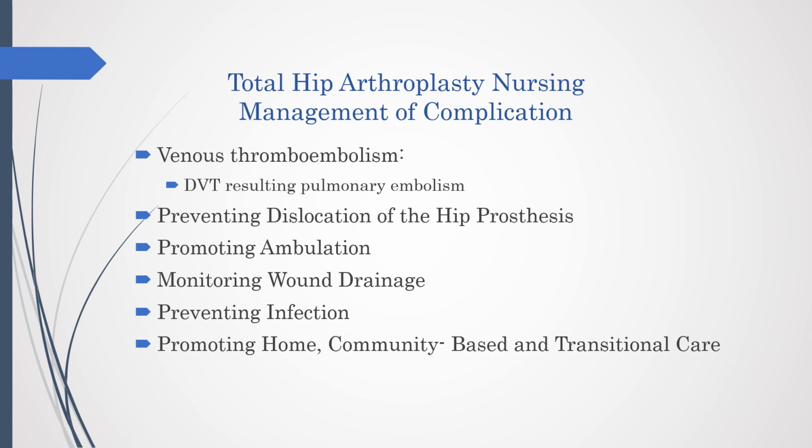The next one is preventing dislocation of the hip prosthesis. You can find the information in chapter 40, chart 7. It takes time for a hip prosthesis to stabilize after the replacement. It is very important to follow instructions for proper positioning to prevent dislocation.